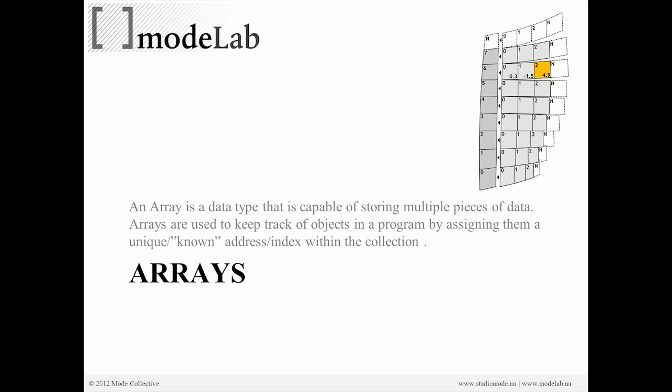So if we were to look at, let's say, this strip of squares, right? This one is stored in the array at location 0. This one's at location 2, right? That's a one-dimensional array. But arrays can have multiple dimensions.